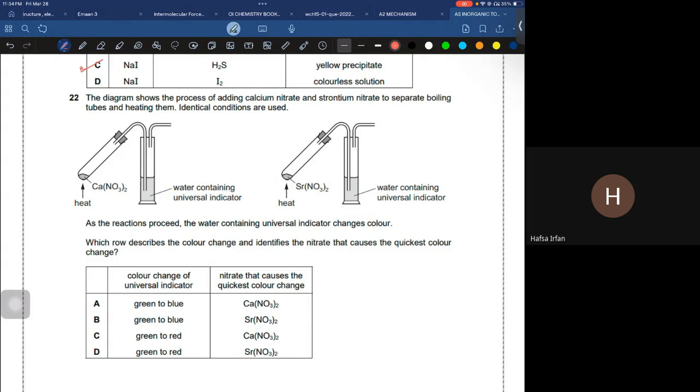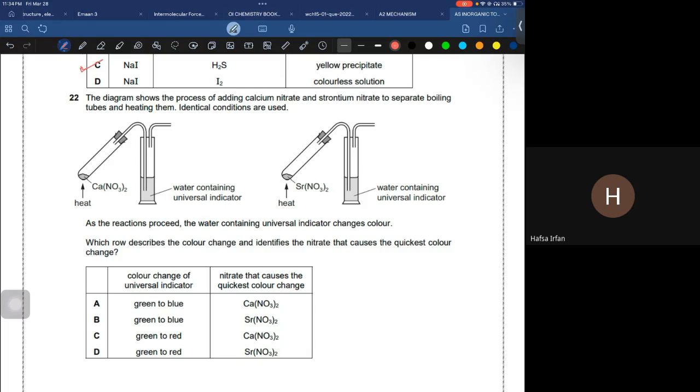The diagram shows the process of adding calcium nitrate and strontium nitrate to separate boiling tubes and heating them. Identical conditions are used. The formulae are given to you. As the reactions proceed, the water containing universal indicator changes color.